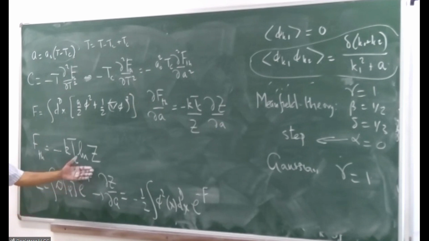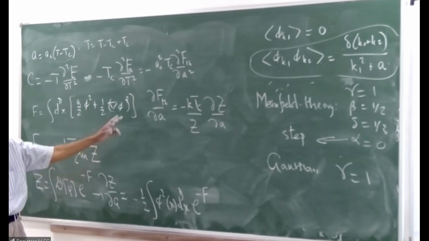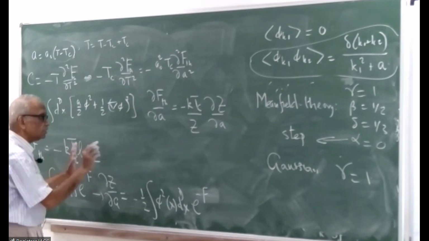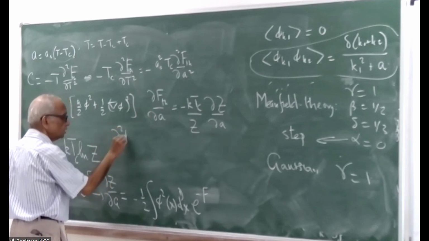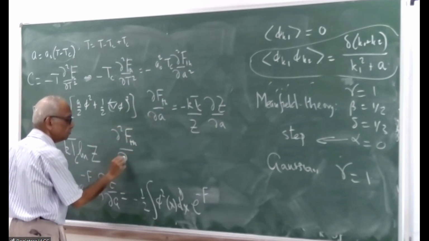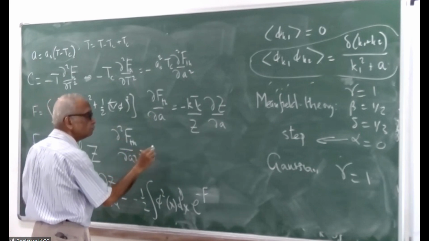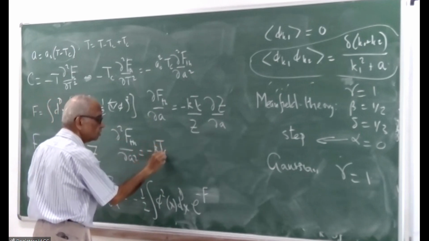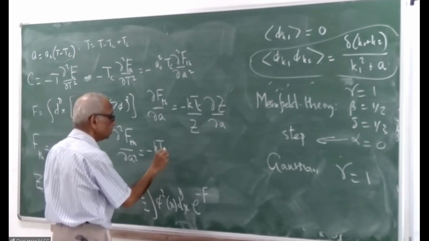So I'm taking another derivative with respect to A. So all right, let me write down one step. A bit pressed for time. Let me write down one step, and meanwhile you figure out, think about it, and let me just work out one step.